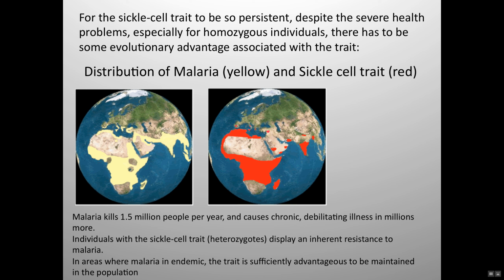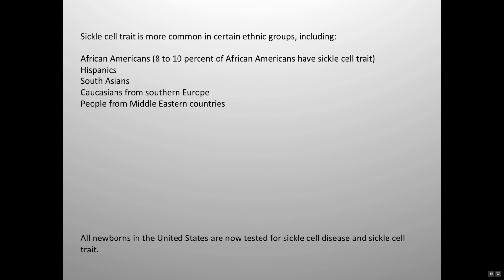So where malaria is endemic, the trait is sufficiently advantageous to be maintained in the population. That is, malaria is such a problem that even with the problems associated with the sickle cell trait, it's still better to have the sickle cell trait than to be susceptible to malaria.